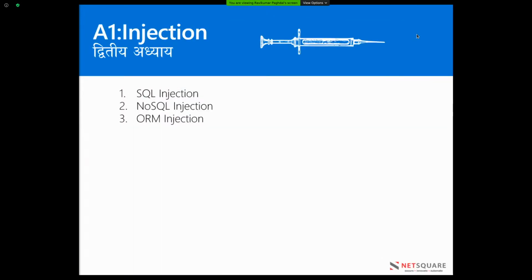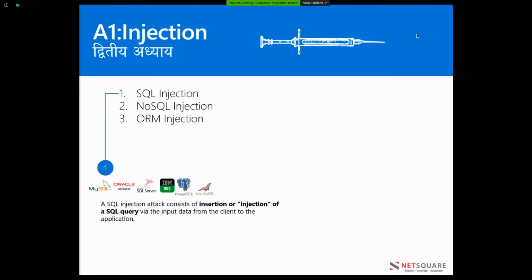In this second part, I'll cover SQL injection, NoSQL injection, and ORM injection. SQL injection attacks consist of injection of a SQL query via input data. Whenever you input any kind of data and it is involved in a dynamic query build, you can find that SQL injection is there.